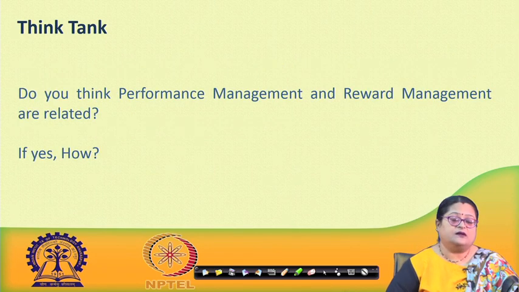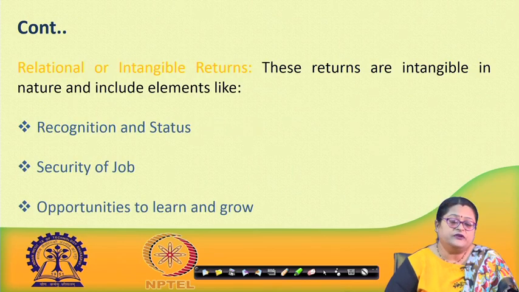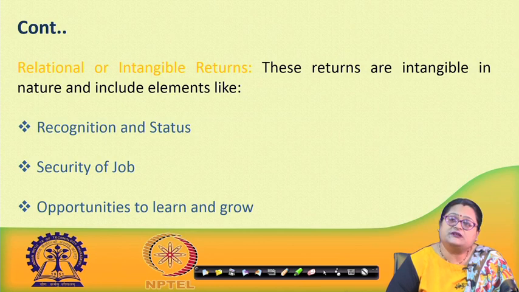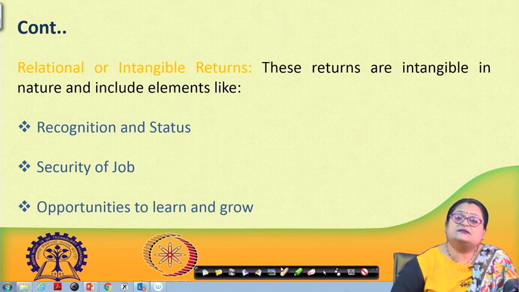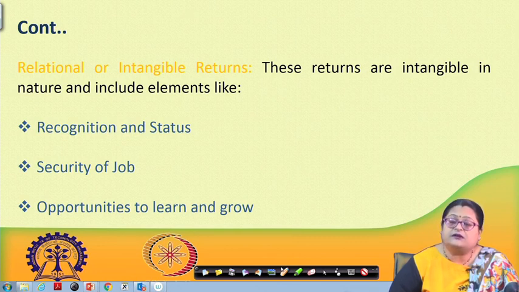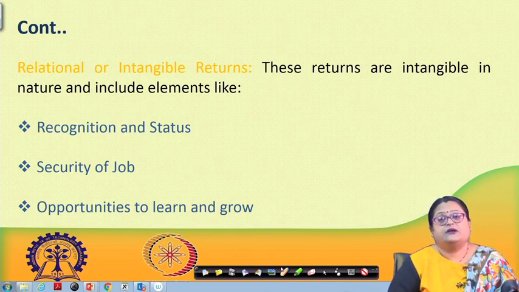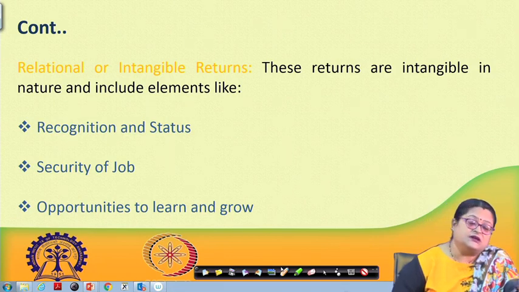So, when we talk of recognition and status at work, these are important in the sense of knowing each employee by their name, recognizing their contribution, giving them a status, which sometimes works wonders.